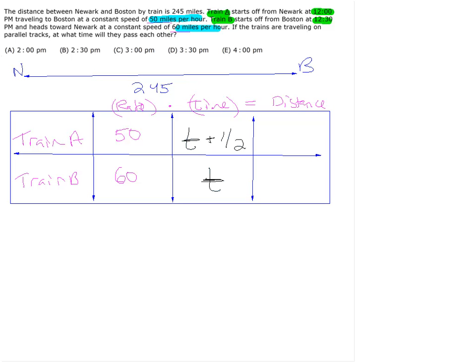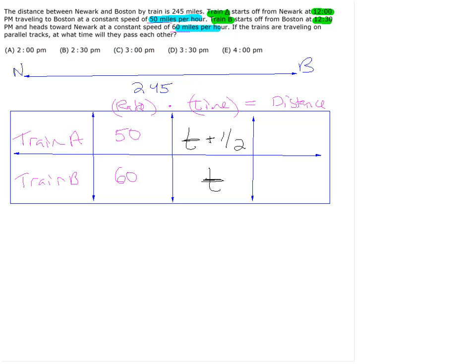We need to reflect the fact that train A travels for longer, but we have to make sure we do it with the proper units. So it's going to be t and t plus 1/2. And that, I think, is the most difficult part of the problem.